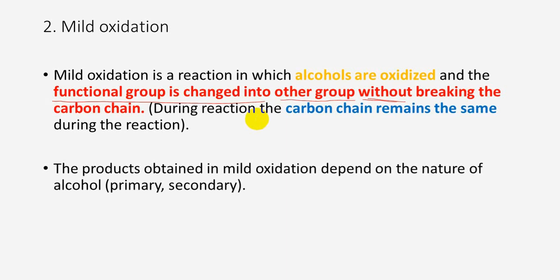The product obtained in the mild oxidation depends on the nature of the alcohol. As we know, we have three types of alcohol: primary alcohol, secondary alcohol and tertiary alcohol. Every one of these classes, when it undergoes mild oxidation, will give a different product.